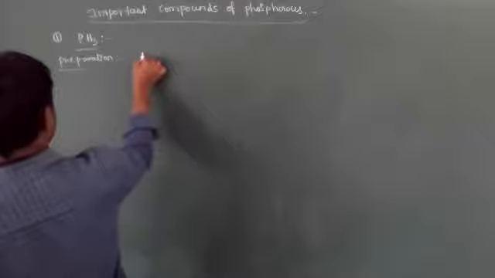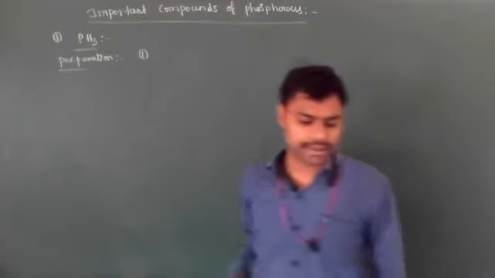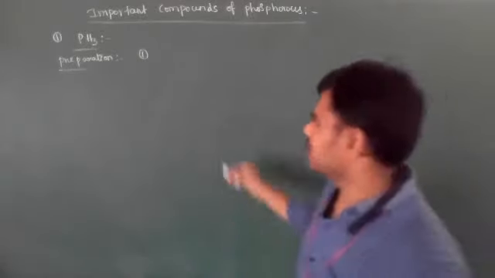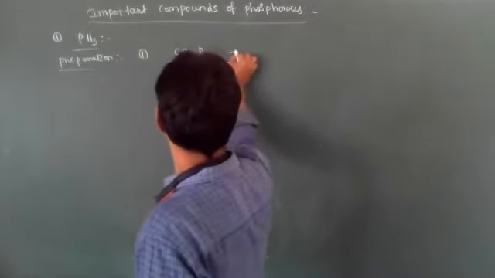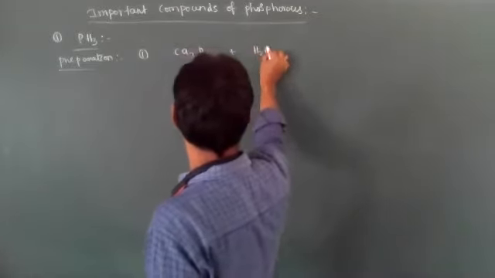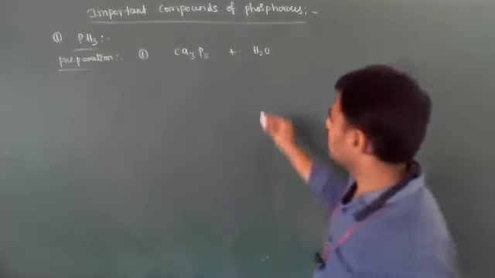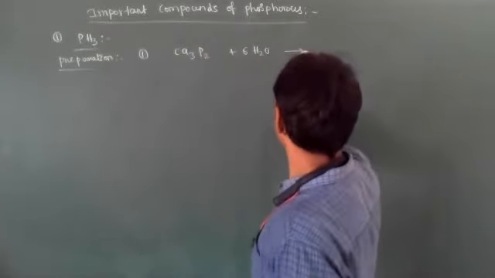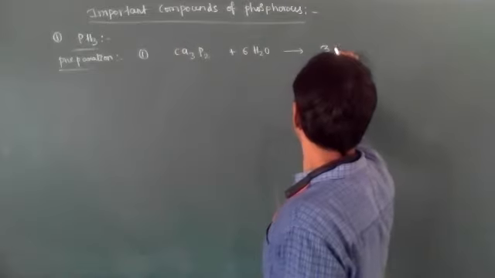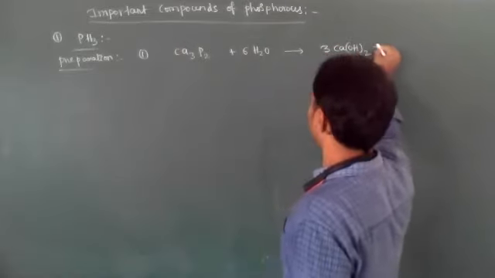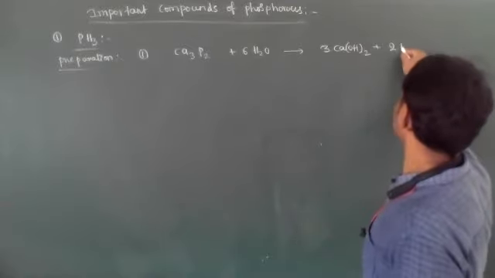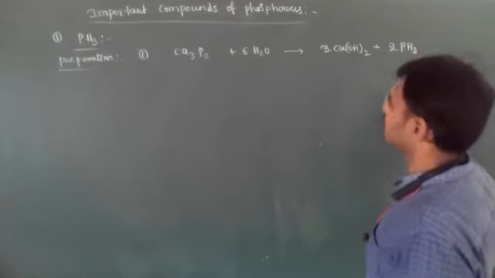Preparation method. The first one is that PH3 can be prepared from metal phosphides, calcium phosphide, Ca3P2. On hydrolysis, calcium phosphide gives 3 moles of calcium hydroxide and 2 moles of PH3, phosphine, in the product.